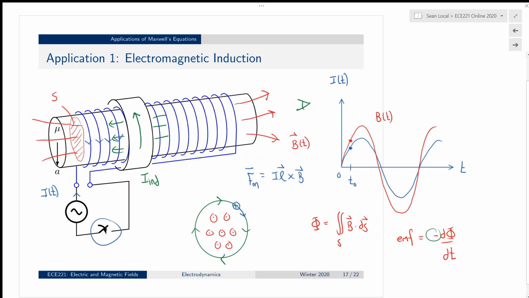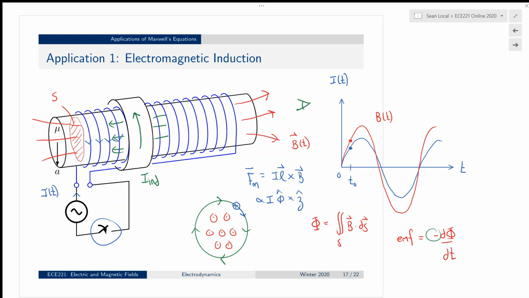So L, in this particular direction, is in the phi direction because it's rotating around the central axis of the ring. So this is going to be proportional, let's say, to I phi hat, and B is in the Z direction, if we assume that the Z direction is along the axis of the ring launcher. And this cross product of phi and Z would result in the radial direction, right?